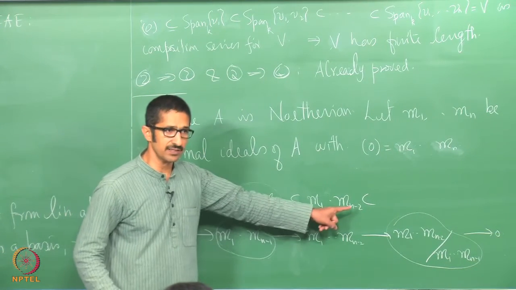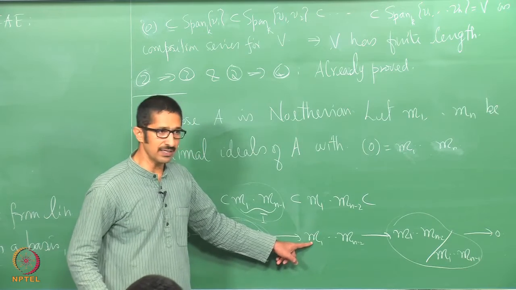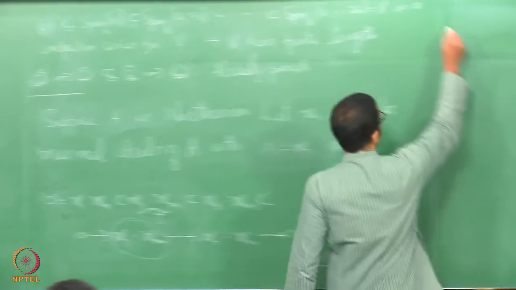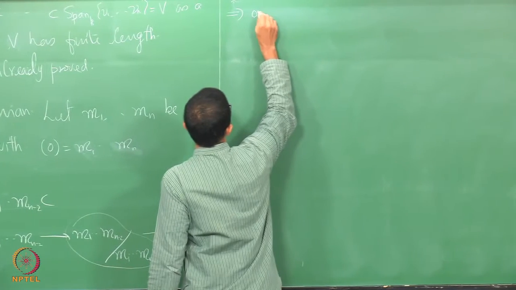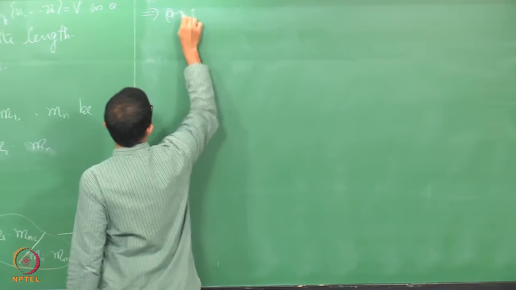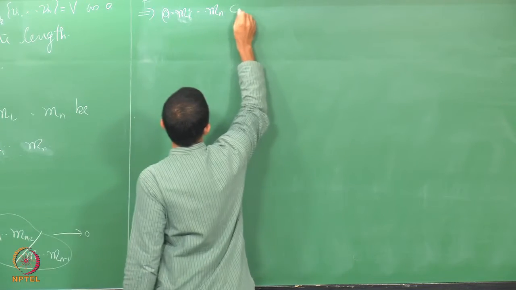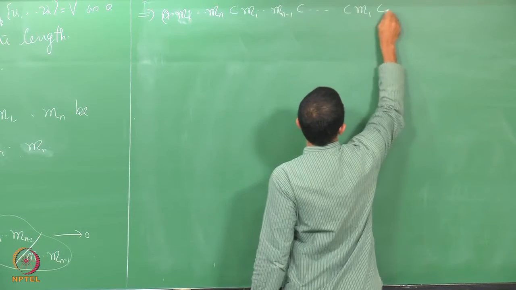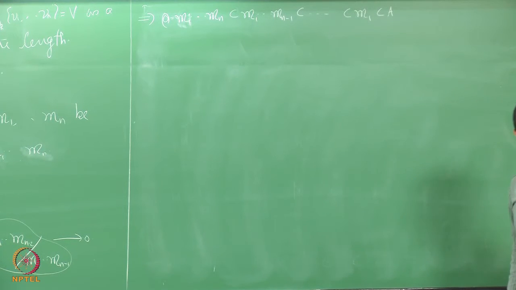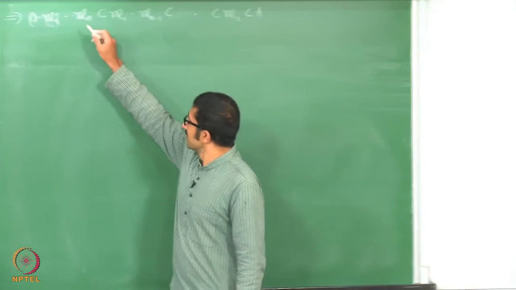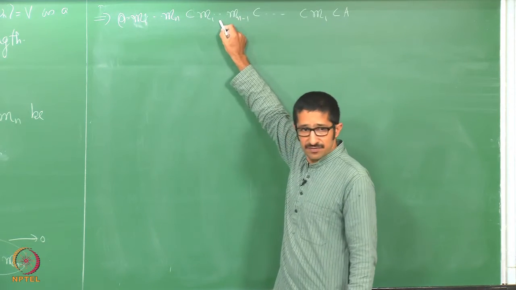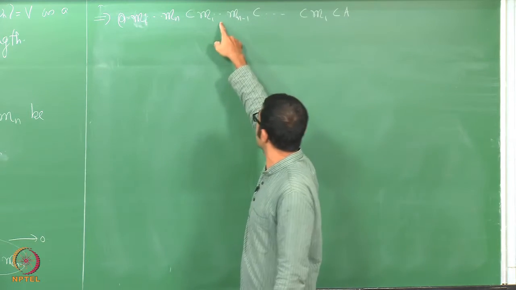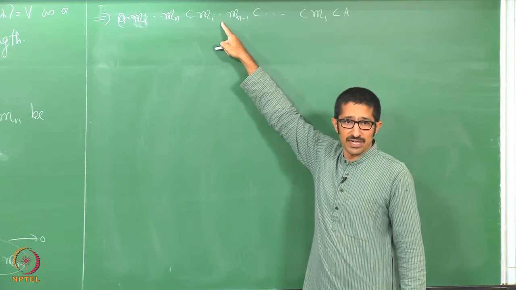I can keep going up to M1 and then contained in A. So, I have 0 equal to M1 up to Mn, M1 up to Mn minus 1, M1 to A. What we are showing here is that this is 0, this has finite length, because this is a finite dimensional A mod Mn vector space.